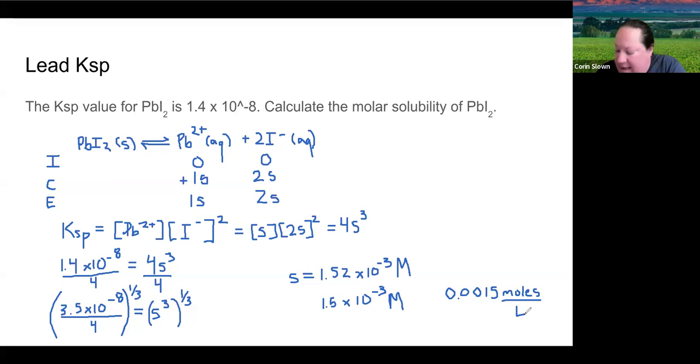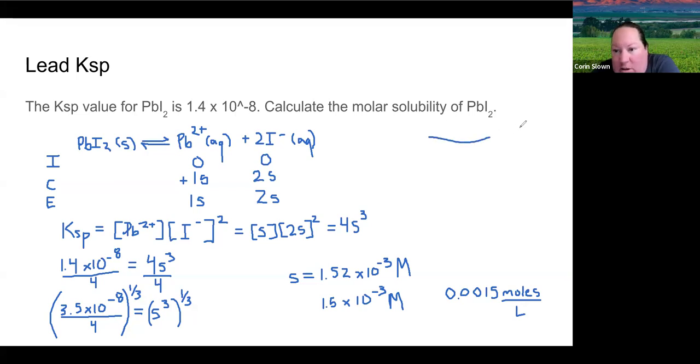The molar mass of a lead ion is 207.2. So if I were to multiply my moles to figure out the amount in grams, so that would be 0.0015 times 207.2. So that's 0.311 grams.